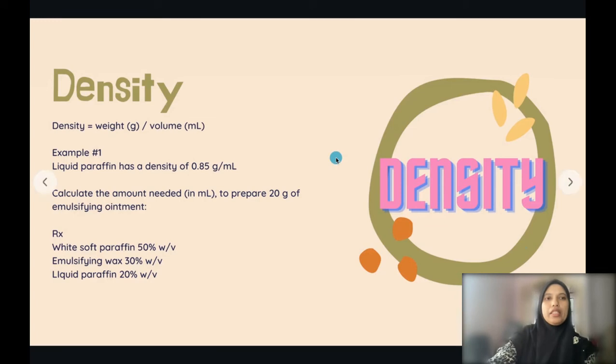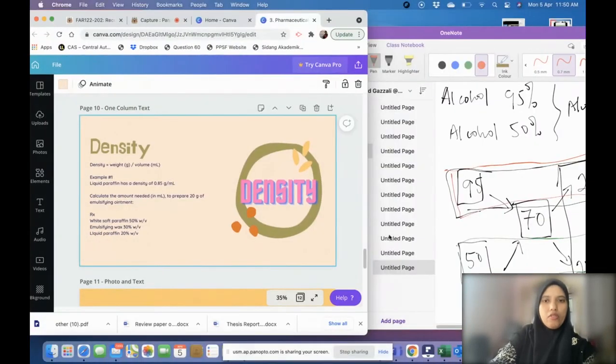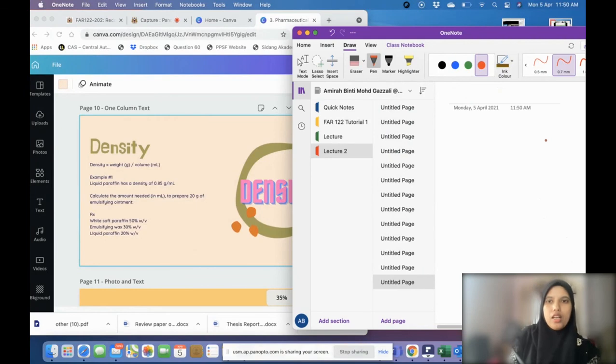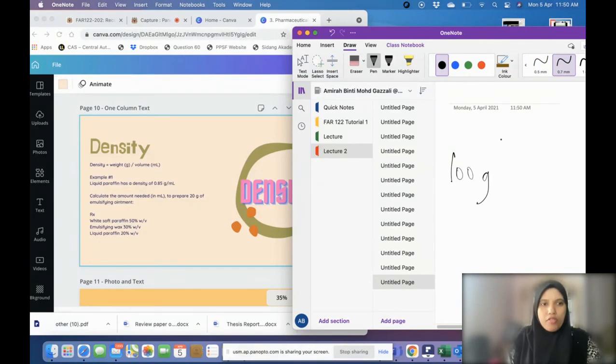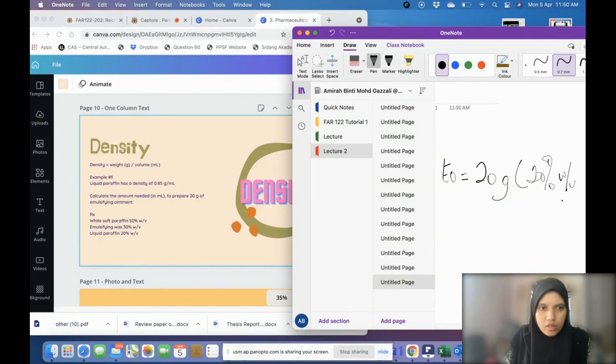So based on the formula given, okay, if you want to prepare 100 gram of emulsifying ointment, the amount of liquid paraffin needed would be 20 gram, right? Because it's 20%, weight per, sorry, there's a mistake there.